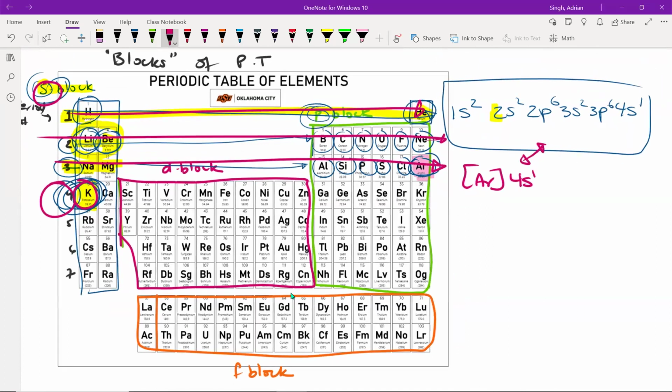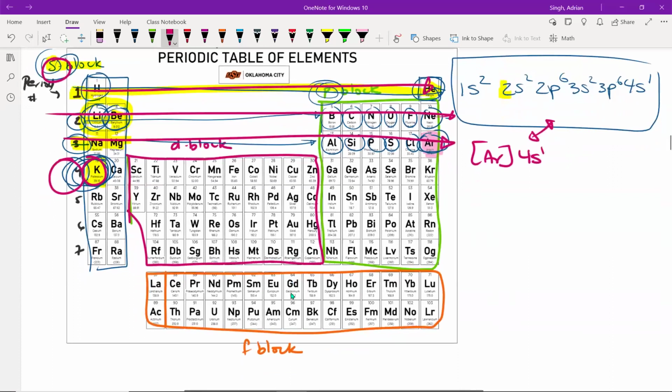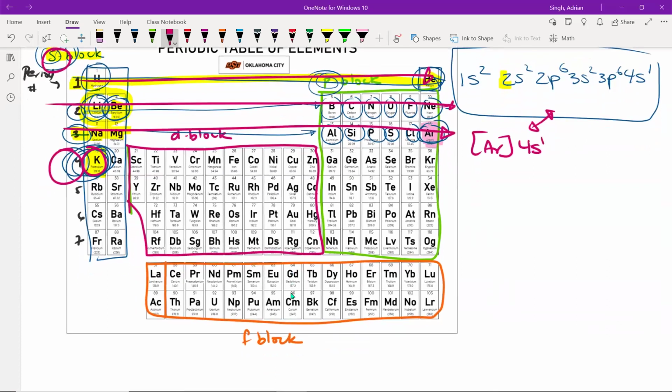So there are a couple wrinkles to this, however. For example, if we look at an element in the D block, let's say, again, we'll choose something in the fourth row. Let's do iron, Fe.